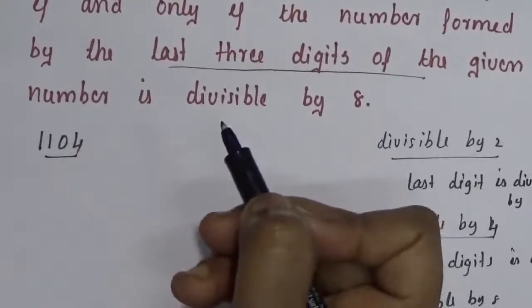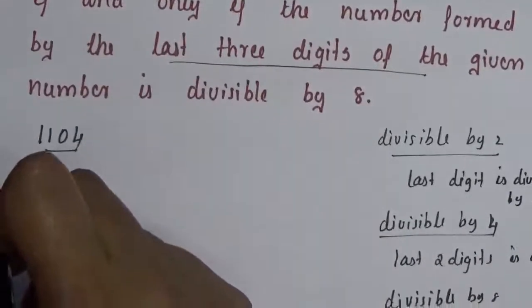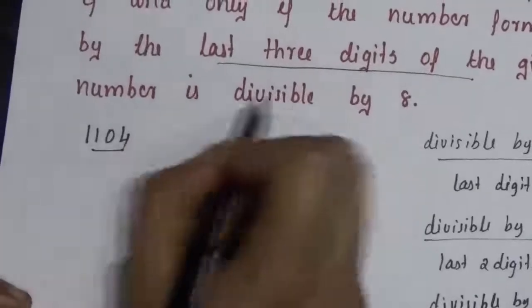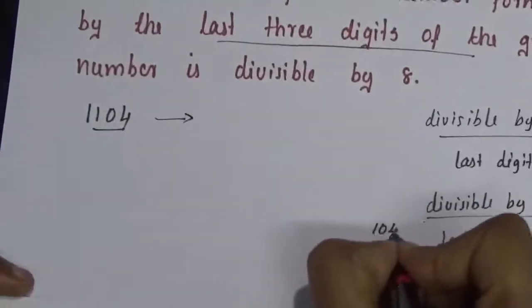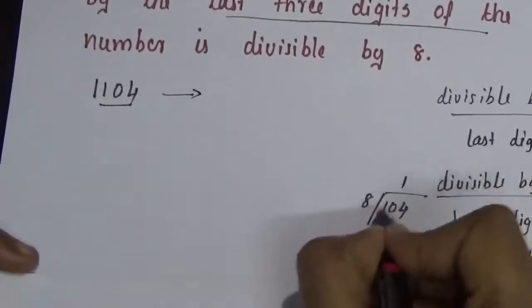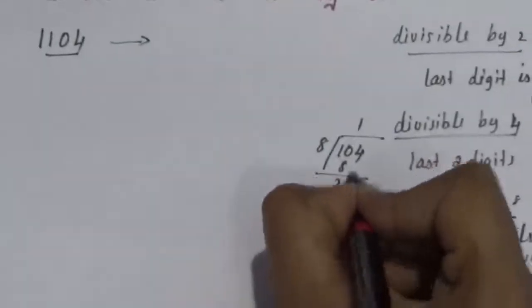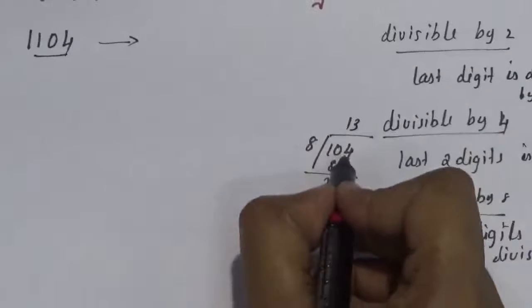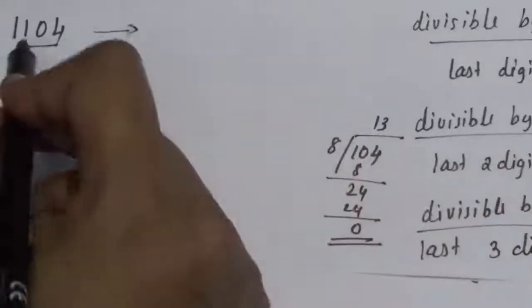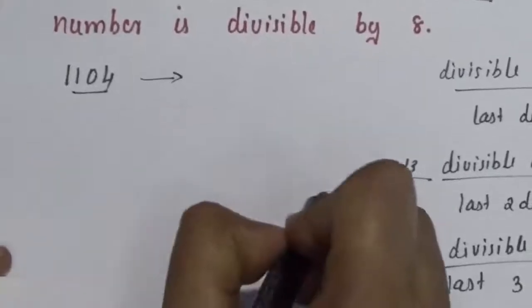Check whether 104 is a multiple of 8, or check whether 104 is divisible by 8. 1 8 is 8. 10 minus 8 is 2. 24. 3 8s are 24. Remainder 0. So the last 3 digits of the number 1104 are divisible by 8. So the number is divisible by 8.